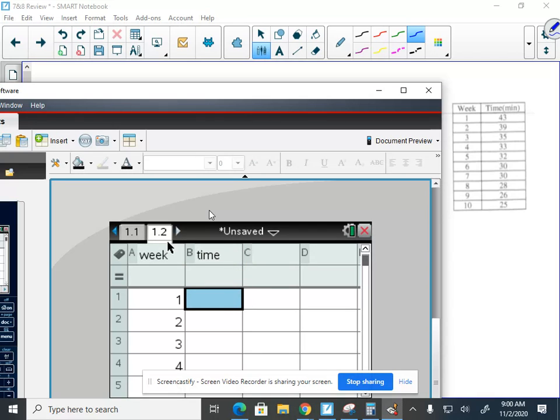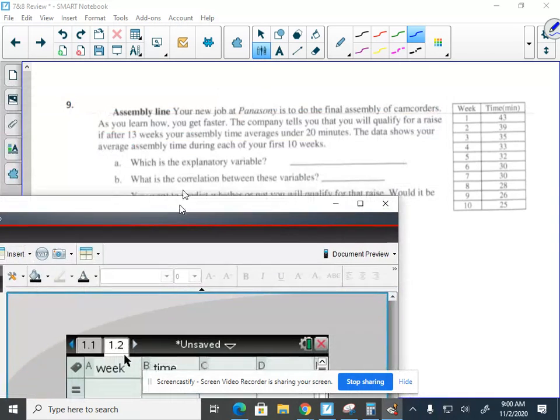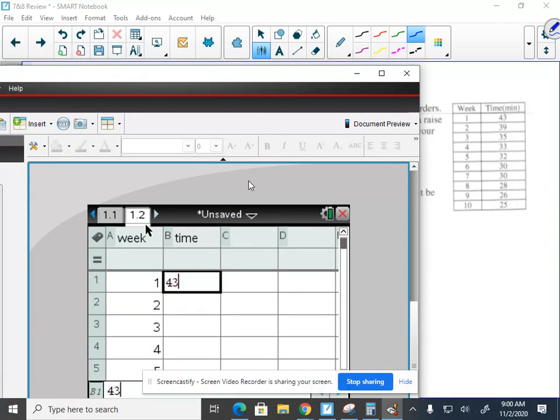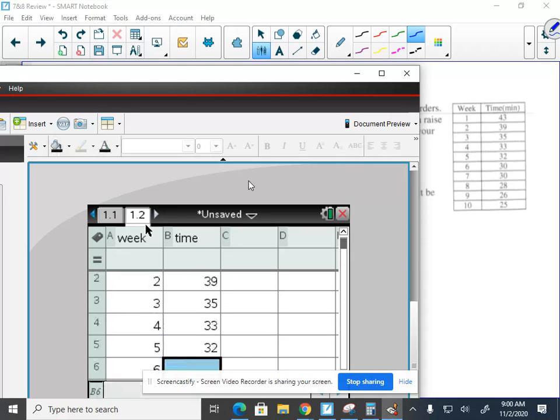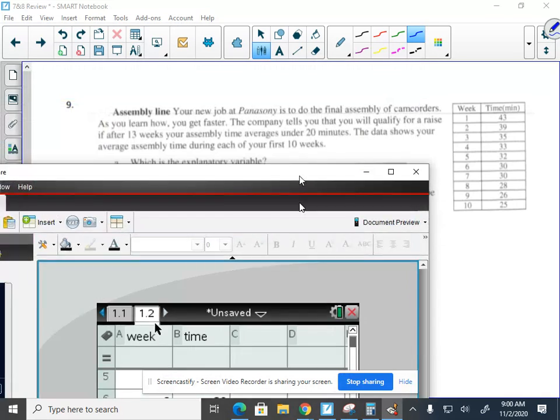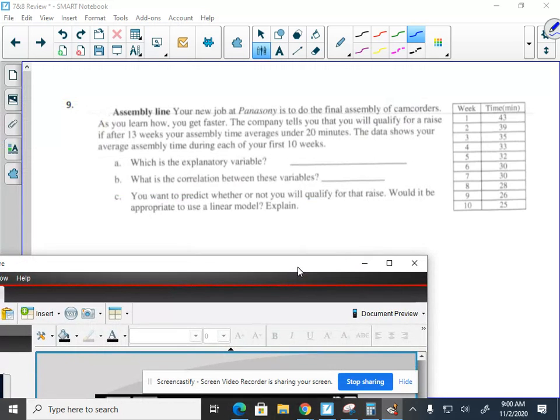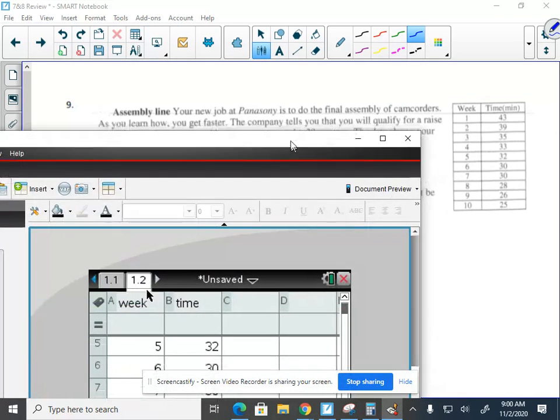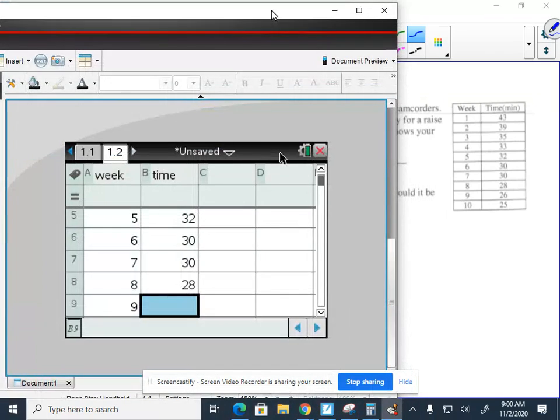They're both time. So it's the number of weeks that they do training that's the explanatory variable. So it is coming in order. And this is the time that they take to complete some task. I'm going on some memory here.